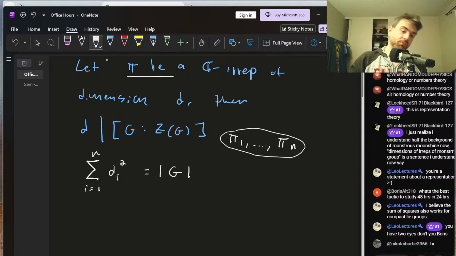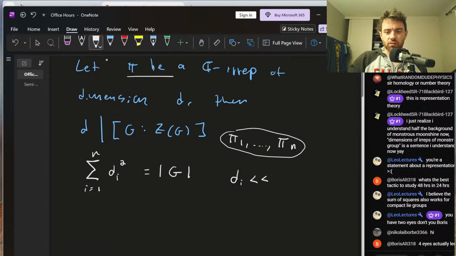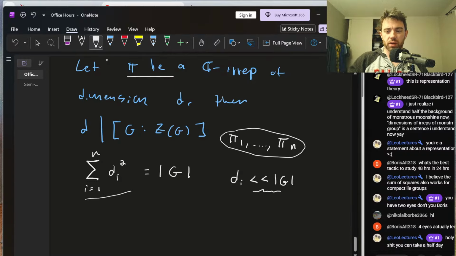So, in general, this tells us in some sense that the dimensions of our irreps are generally much smaller than the order of our group. So it's kind of like a coarse upper bound, right?